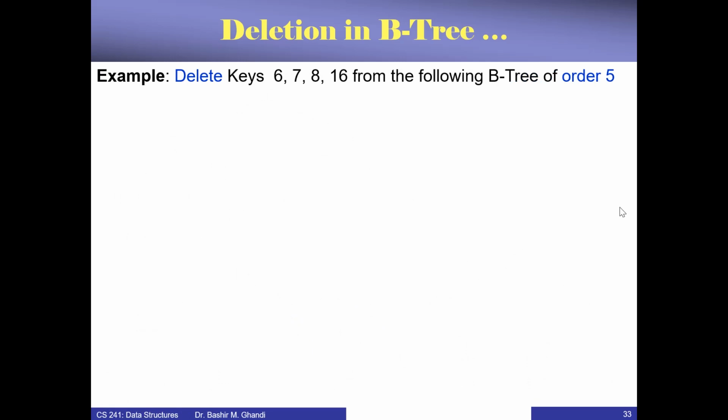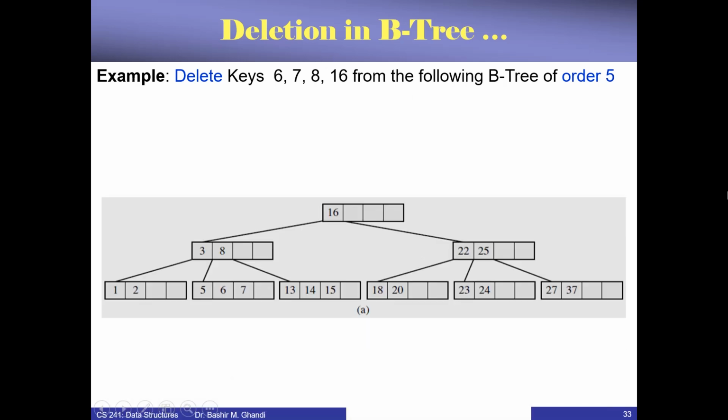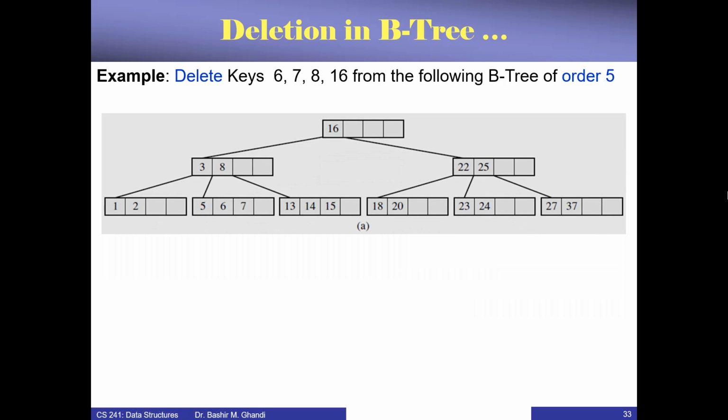Now, as we did with insertion, we're going to take a sequence of numbers just to show you the process more clearly. What steps do you need to follow if you need to delete a sequence of numbers? So this is our tree of order 5, B-tree of order 5.